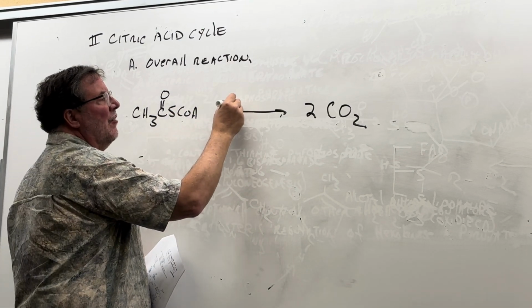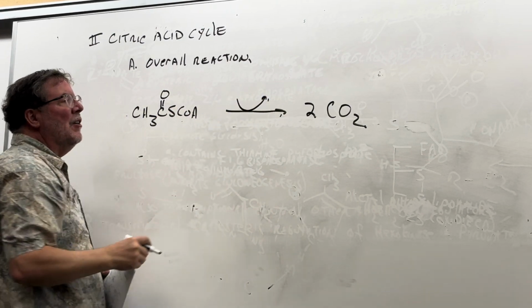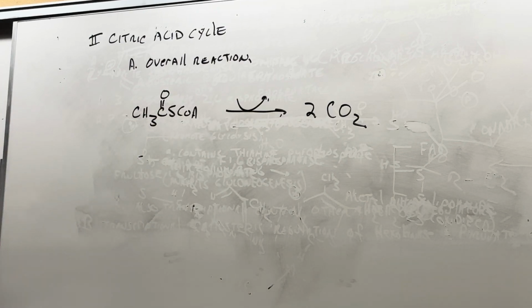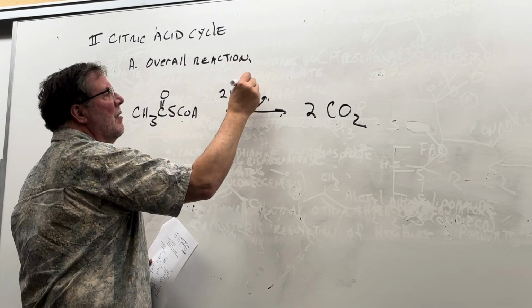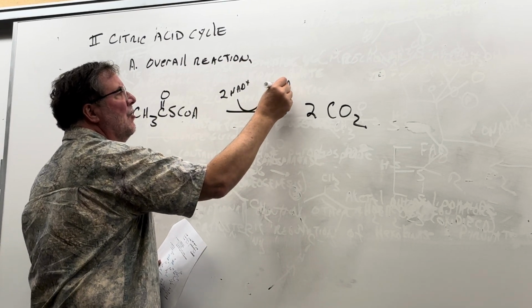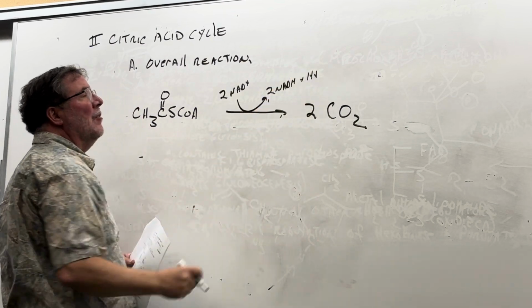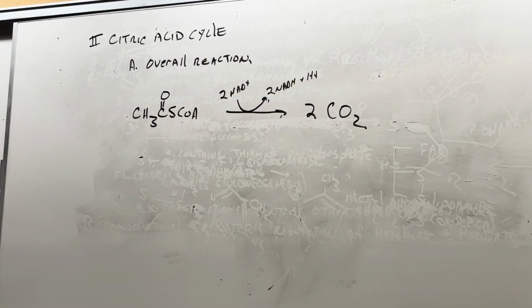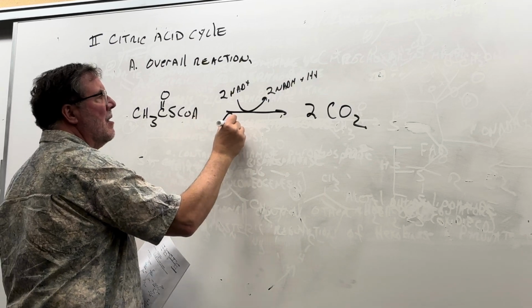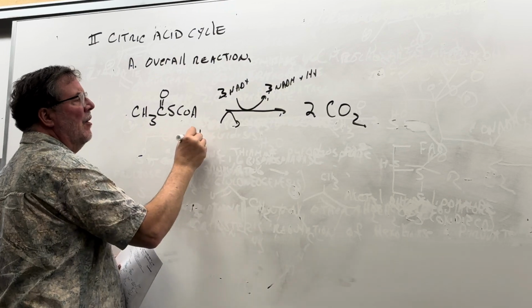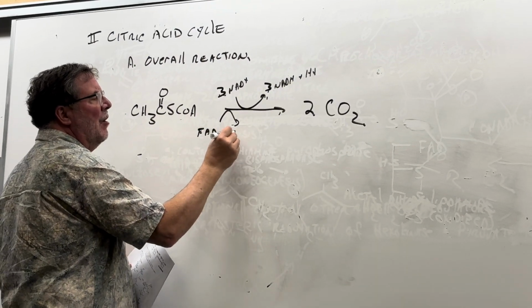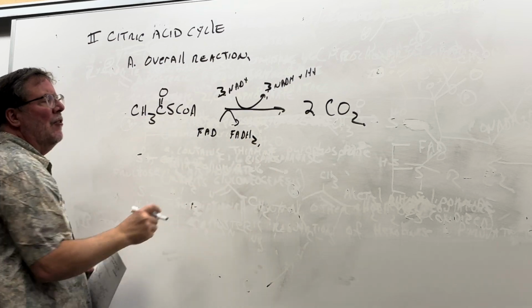In the process, we are going to generate, take 2 NAD plus, make 2 NADH plus H plus. We're also going to take, actually, this is 3. We're also going to take FAD, and we're going to make FADH2, another high energy electron carrier.